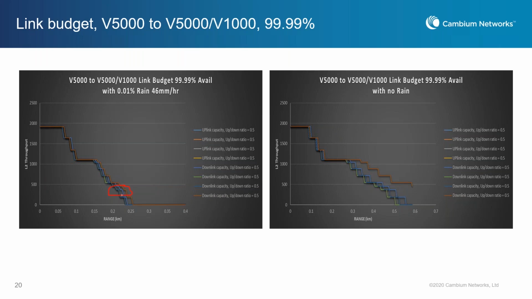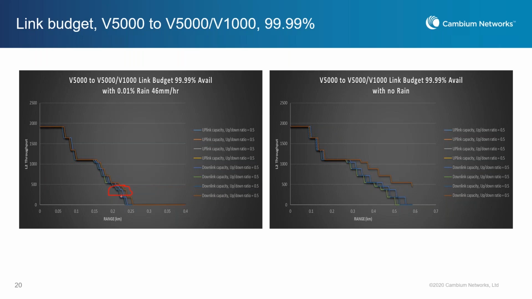When we move to longer range using V3000, the V3000 pushes the distance further because we have a bigger antenna. This shows a distance between 450 meters and 500 meters in the multi-point configuration using V5000 with V3000. In normal operation at this distance, you're pretty much at the top throughput of 1.9 gig.